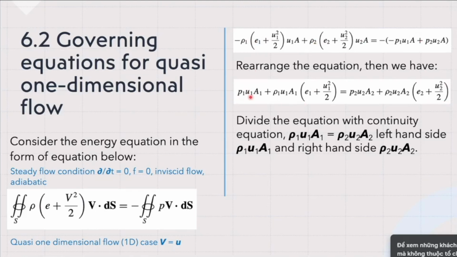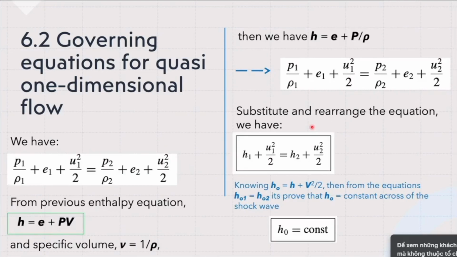All right. So we want to divide the equation with the continuity equation. So this energy equation, we then divide it with the continuity equation, where we know that rho UA at station 1 equal to rho UA at station 2, right? So left hand side and right hand side is this one, all right? So we then divide this term with the continuity equation, right?